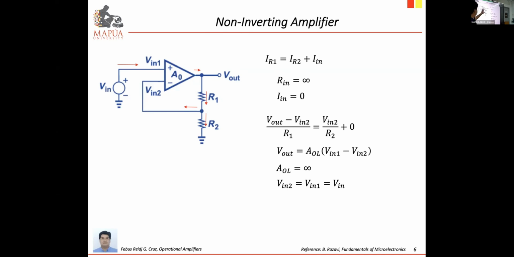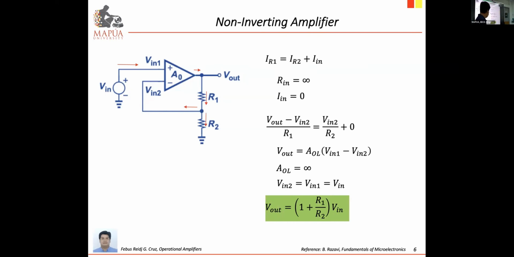It means in your schematic diagram, the voltage or potential on the non-inverting, the voltage at the positive will appear also on the negative. So if you have here V in 1, then it means the voltage at V in 2 is actually also V in 1. Okay, so pwede nating i-substitute yun, no?